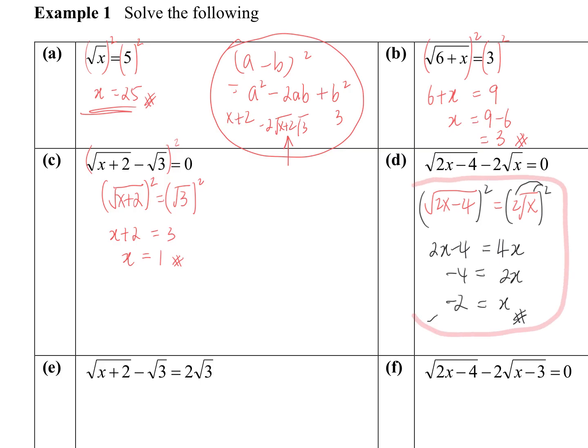If we try to sub this back into the equation, do you realize that actually this is a forced solution that doesn't work? Because when you put in -2, it will give you no real roots. So actually this question is nonsense. That means when we crafted this question for you, there's no solution for it.